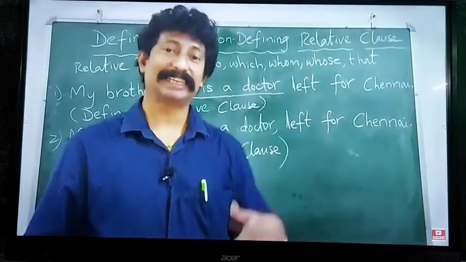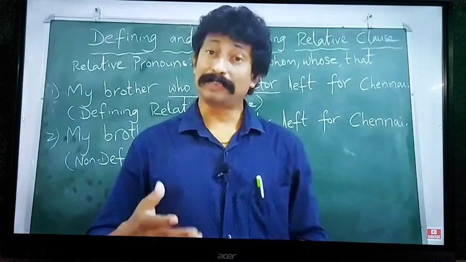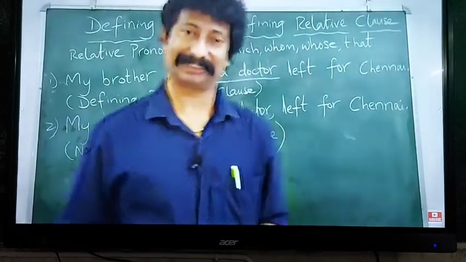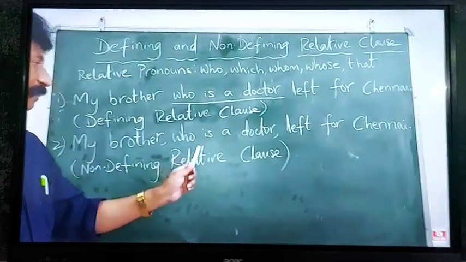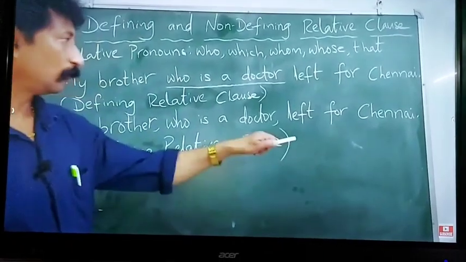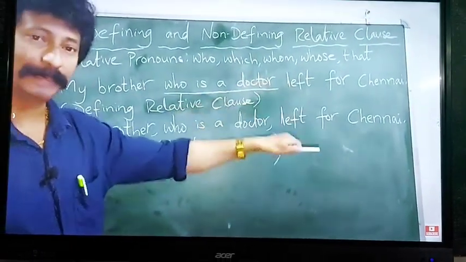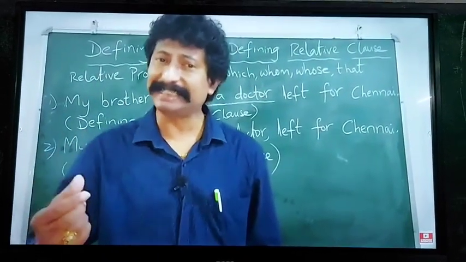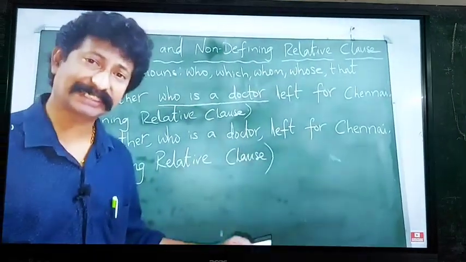Now take a look at another example. Let us go through another sentence that falls under non-defining clause. My brother, who is a doctor, left for Chennai. Oh, the first sentence has been repeated. Have you noticed any striking difference between these two sentences?